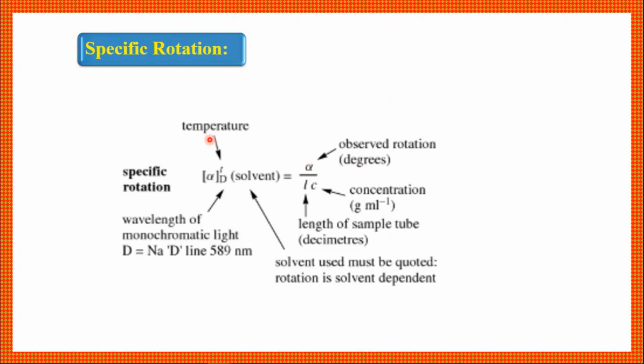So the optical rotation is detected or measured by an instrument that is called a polarimeter.